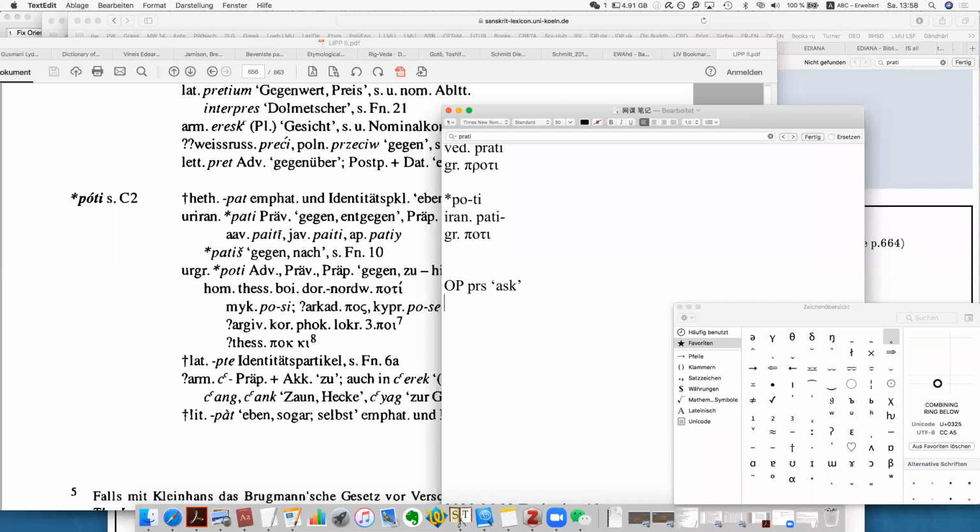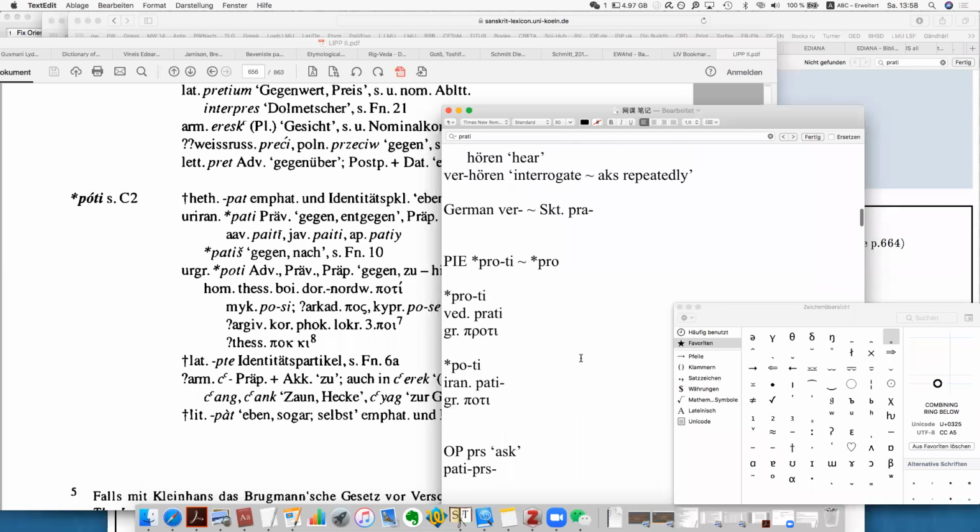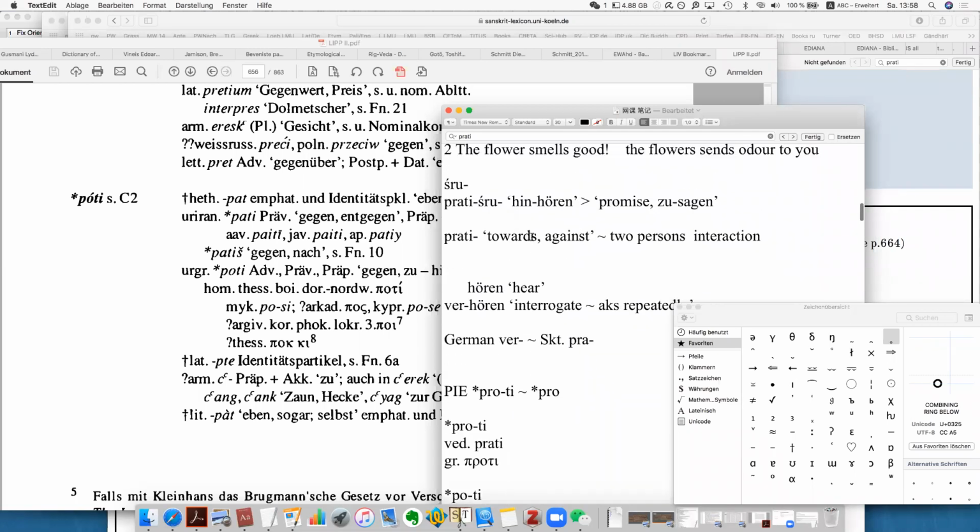And then if you use a prefix, it means not to ask, but to tell, right? Let's check this one. So shru means to hear, right? And if you use prati to make a reciprocal or to express the meaning of the other side, it means to tell, to promise, to say something, right?